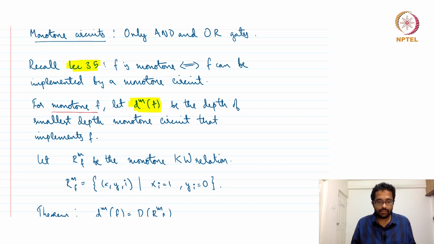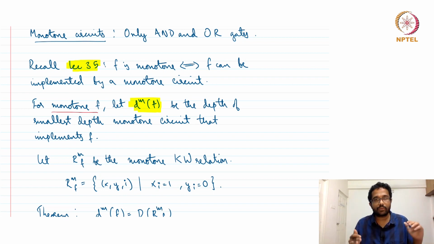Even if f is monotone, perhaps you could have a very compact circuit using NOT gates, using negations and things like that. And perhaps when you try to implement it using a monotone circuit alone, without NOT gates, the size increases.